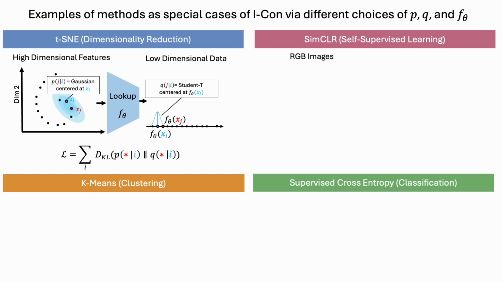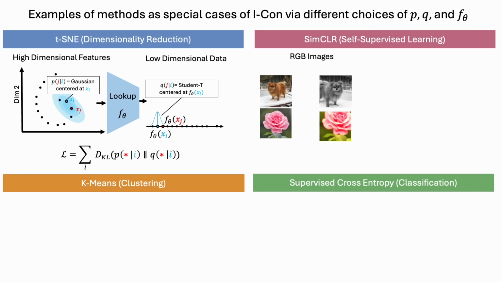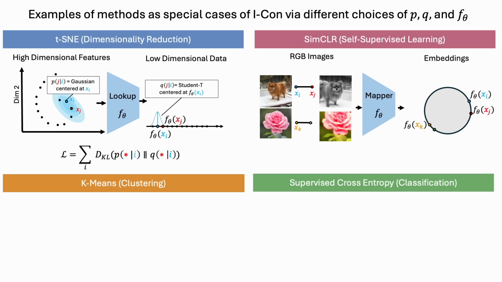Now, let's look at contrastive learning, like SimCLR. Here we start with images and their augmentations, and we want to map them into some embeddings that are often constrained to be on a unit sphere. This can be done through a parametric mapper, like a neural network, that encodes them. On the supervisory side, we treat image pairs as neighbors if they're augmentations of the same image, and not otherwise.